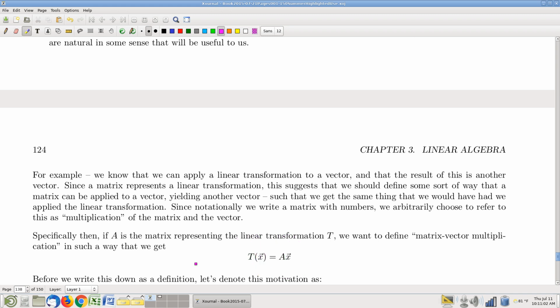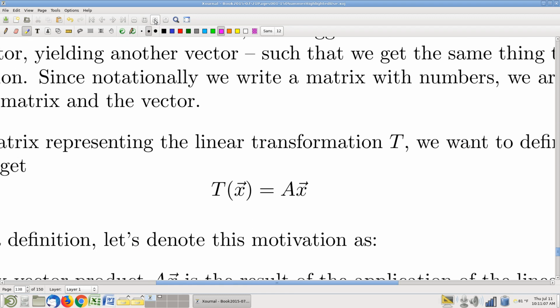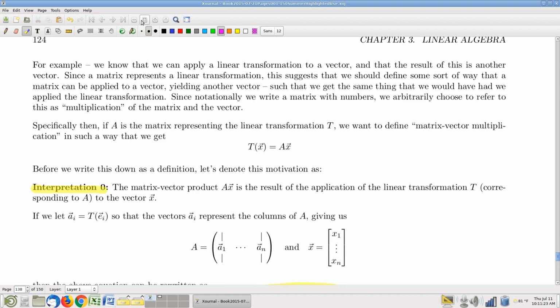So the choice that I'm going to make is a direct computation of what this would have been. Okay, that's the strategy, and now let's see how those details work out.